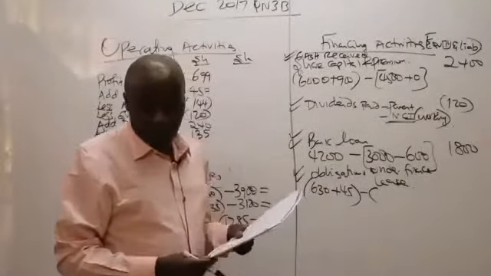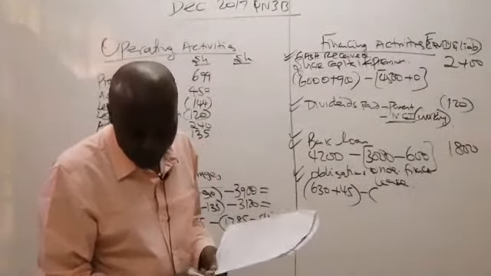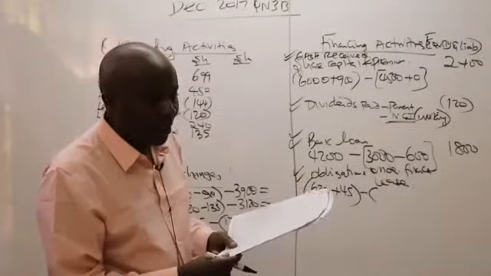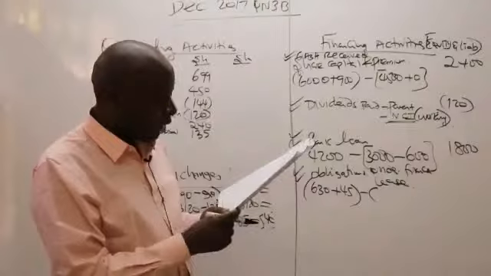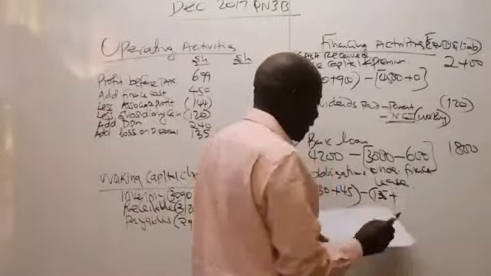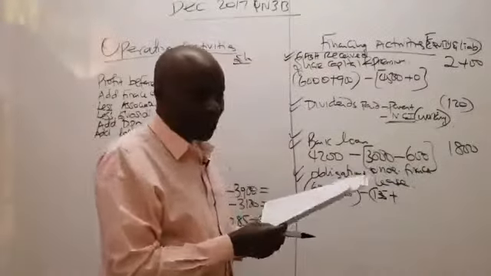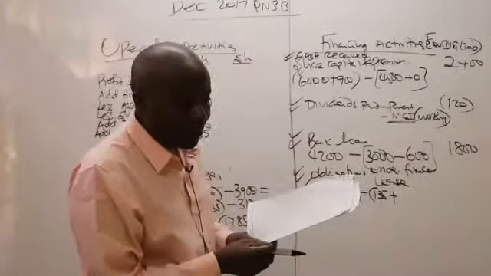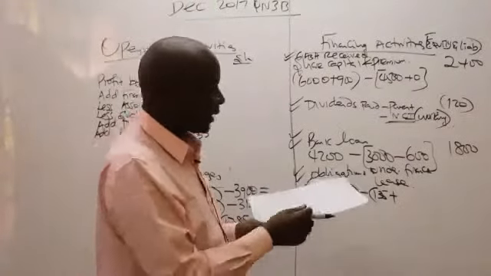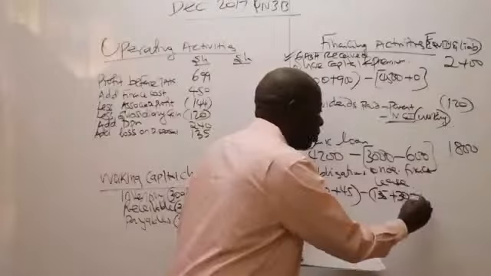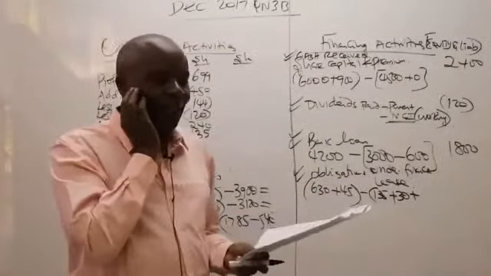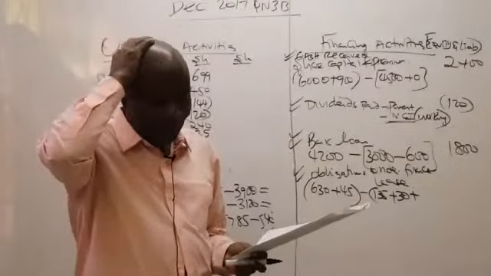So under opening, what are we able to see? Opening, we have 135. So 135 plus what here, somebody? Plus 30. Remember, during the period you also had some lease. Do you remember?